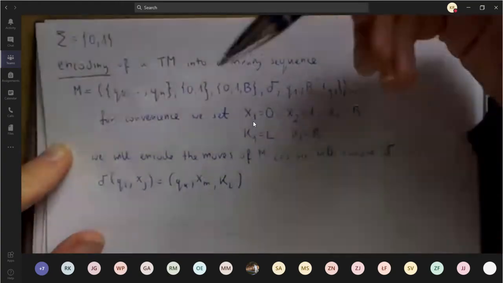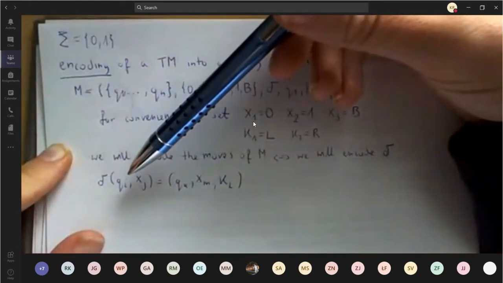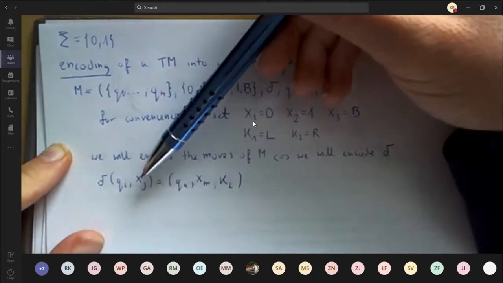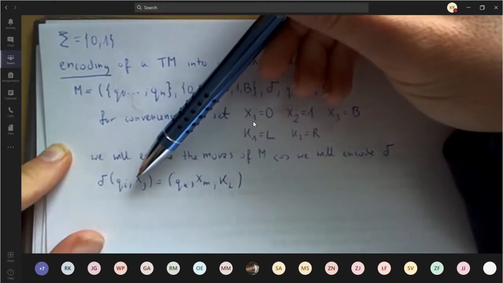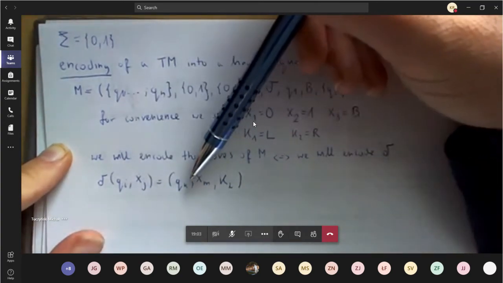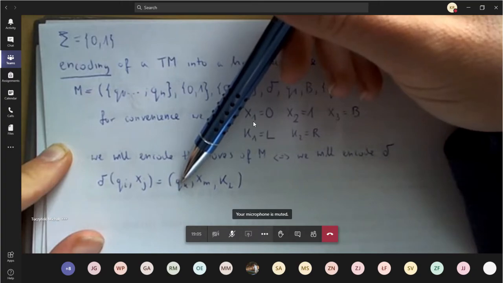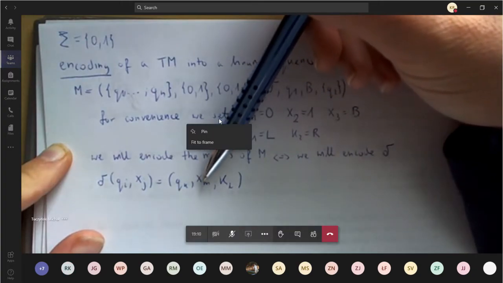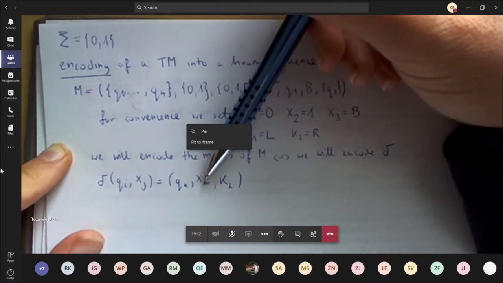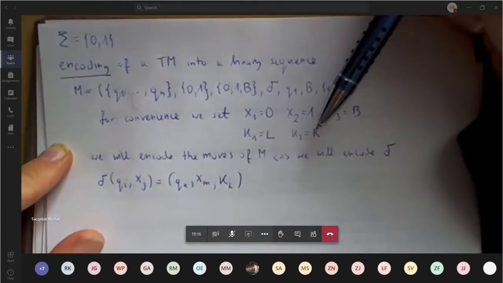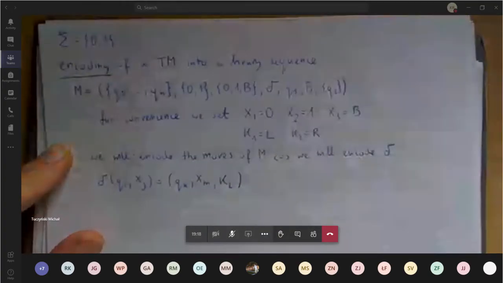That means if the finite control is in the state qi and the head observes the symbol xj, then it changes the state into qk, writes xm on the tape and moves either L or R depending on kl.